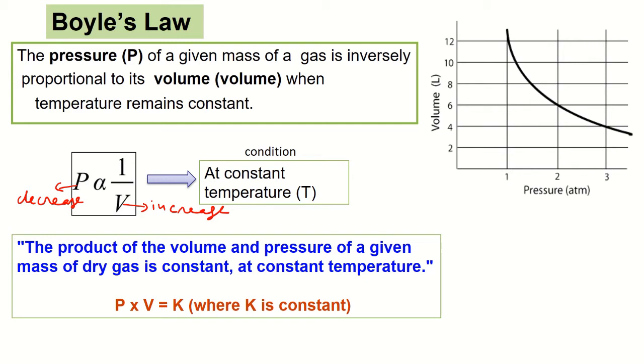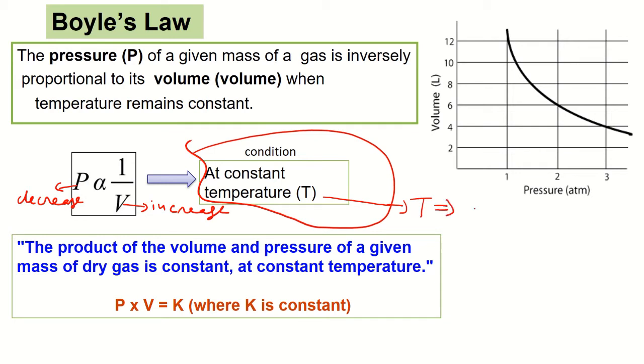But this increasing volume and decreasing pressure will happen when this condition is met, when the temperature of the gas is not changing. But if the temperature of the gas is changing, then this rule will not work. This is very clear. So this is the condition for Boyle's law: the temperature should be constant.